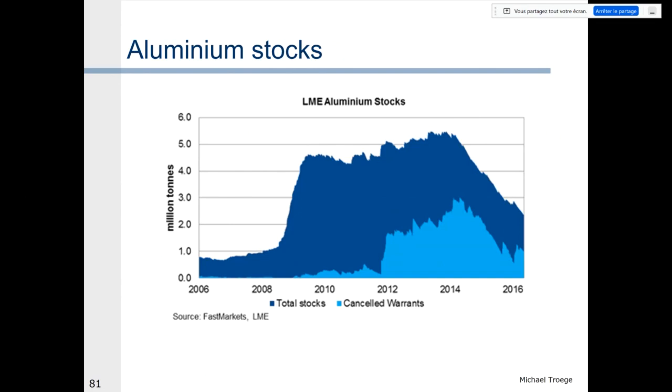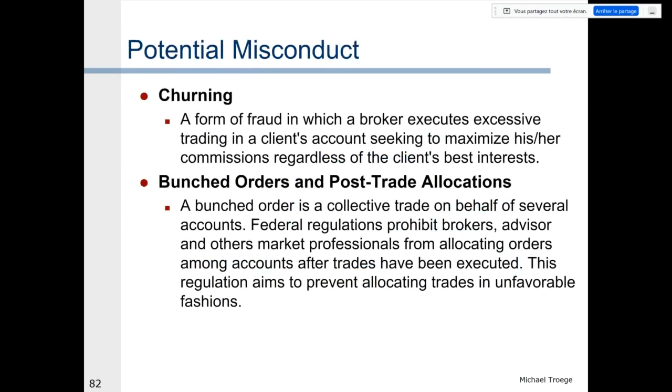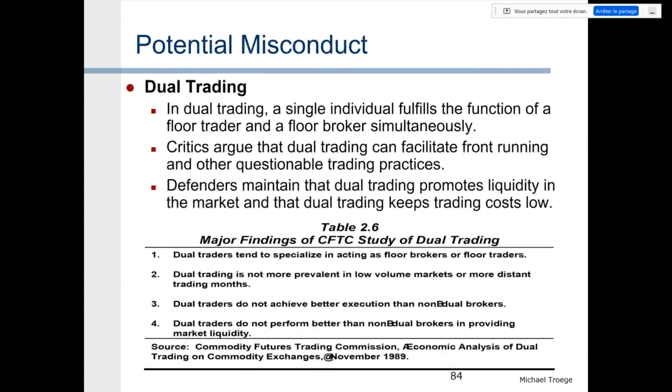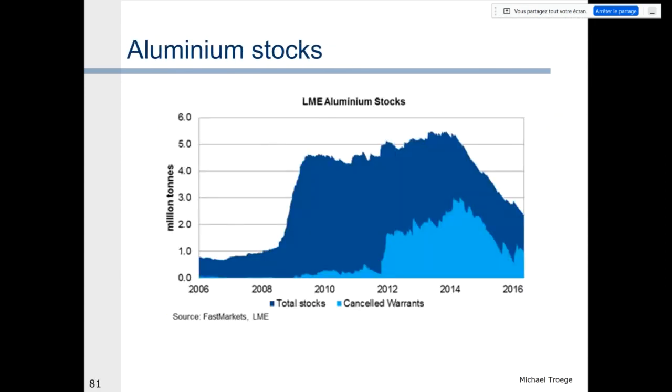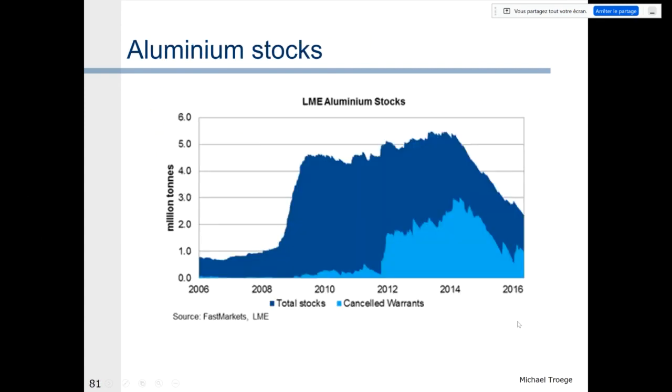Okay, so when this overproduction stopped, and then the warehouses started to empty, then this problem also went away, and today there's no physical premium anymore, or almost no physical premium anymore. Okay.